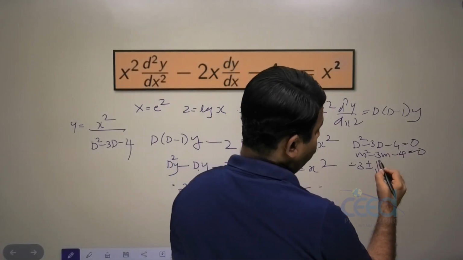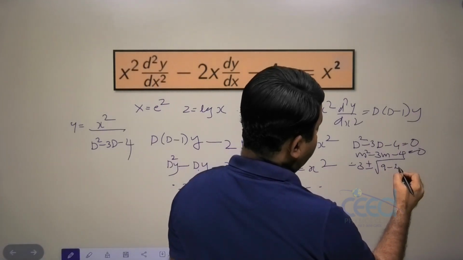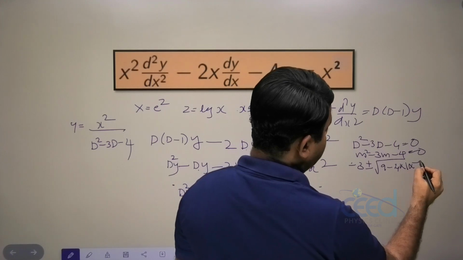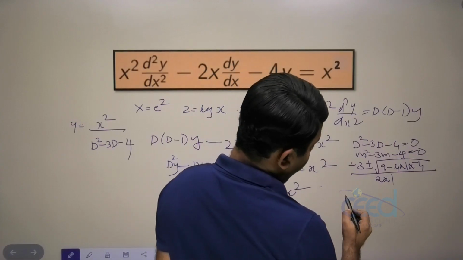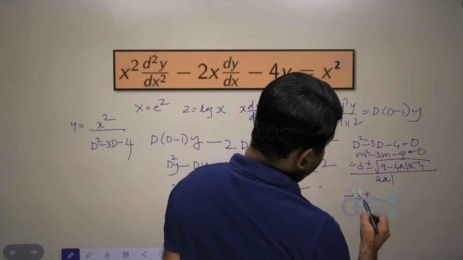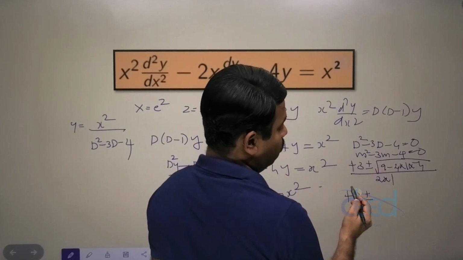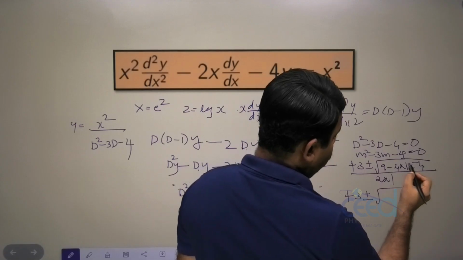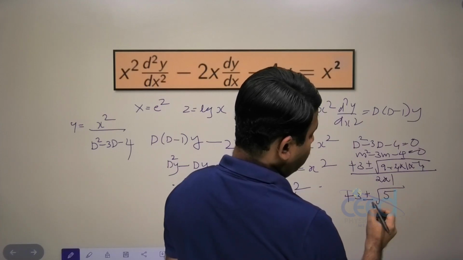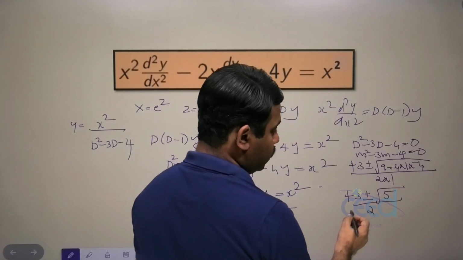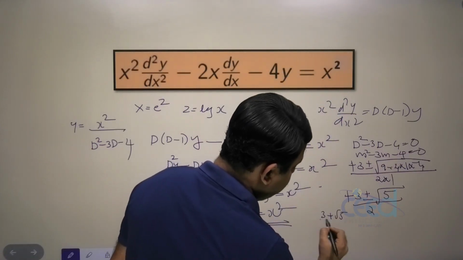Then m equals minus b plus or minus root of b square minus 4ac, by 2a. That is 3 plus or minus root of 9 plus 16, so we are getting root 25, which is 5, divided by 2.